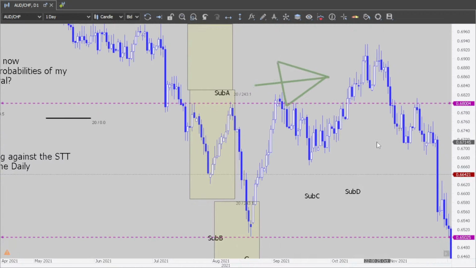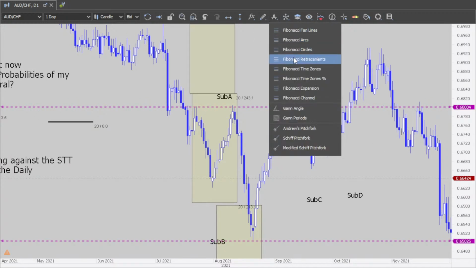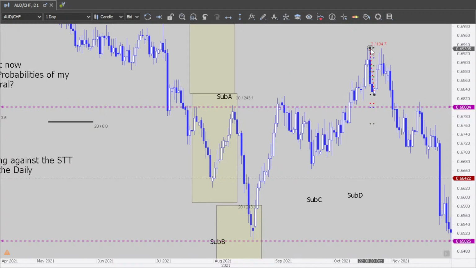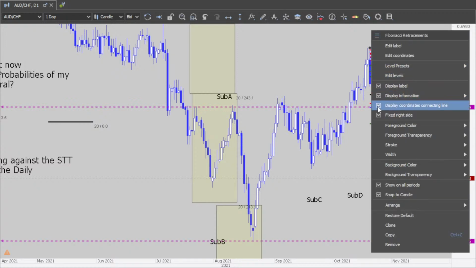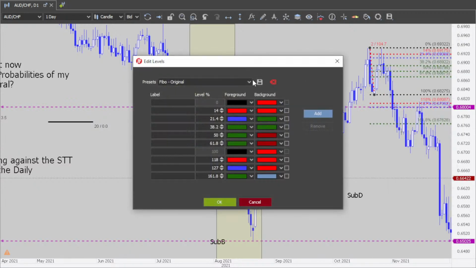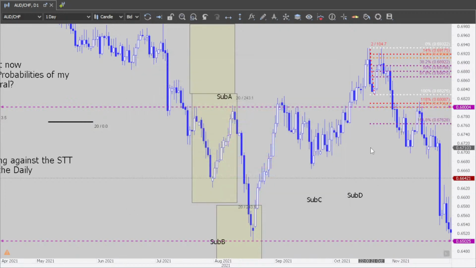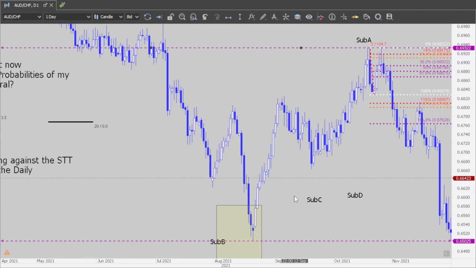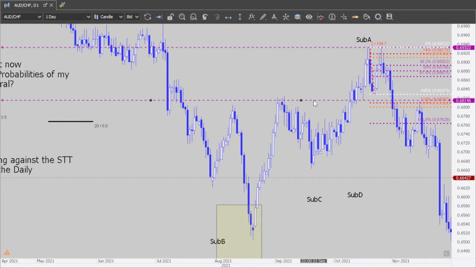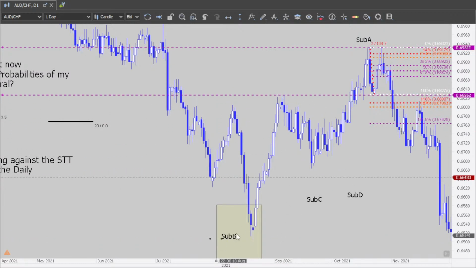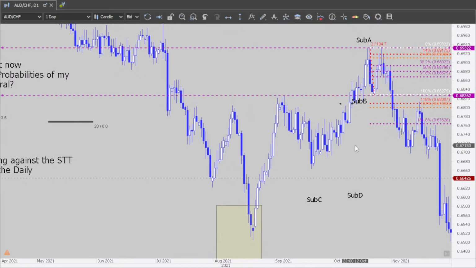So talking about retracements, everybody, just to finish from yesterday, Contrarian Fibonacci in here. We're going to change colors. Sub A up in here, sub B down in here.